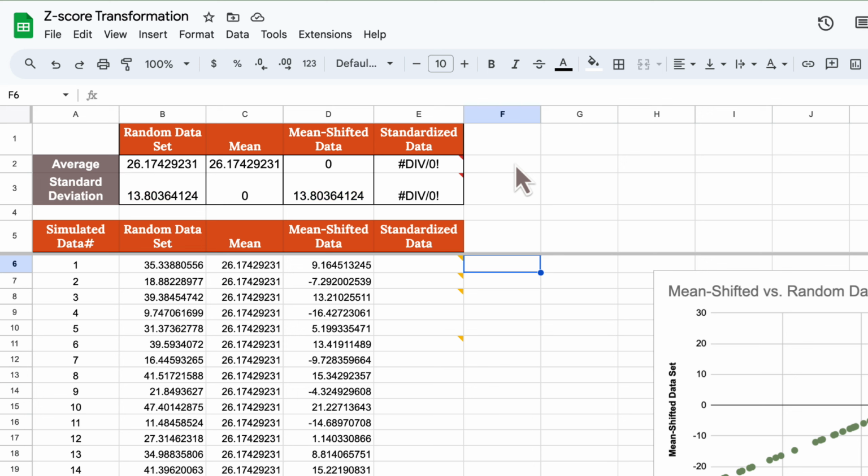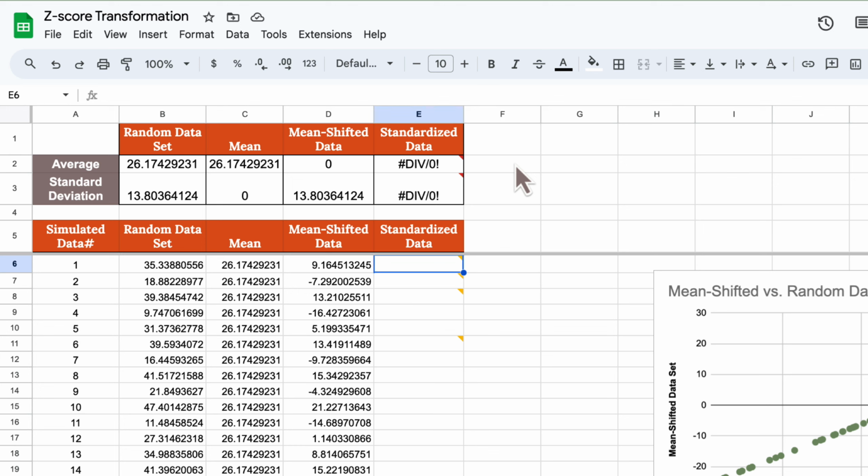So in order to standardize your data, remember, a transformation of a transformation. We're going to start with column D, and we're going to divide each and every data point in D by the standard deviation. Take your pick, whether you want to think of it as the standard deviation of column B, the original data set, or of column D itself, the transformed data set. They're always going to be one and the same.